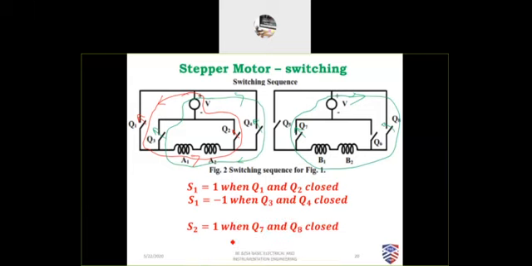S2 equal to 1, Q7, Q8 are closed. So B2 becomes north, B1 becomes south. S2 equal to -1 when Q5 and Q6 are closed.